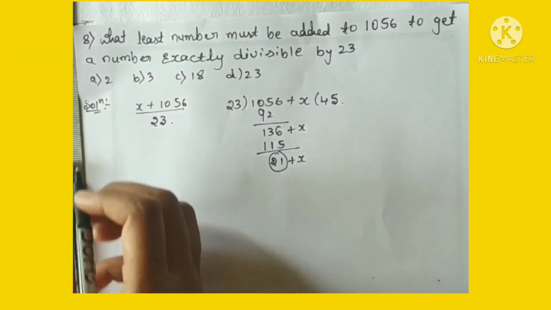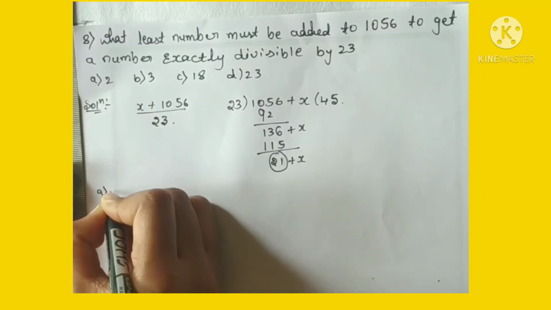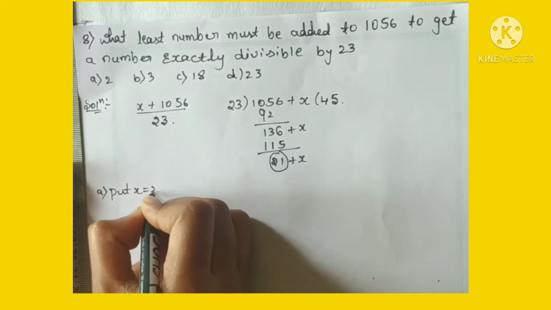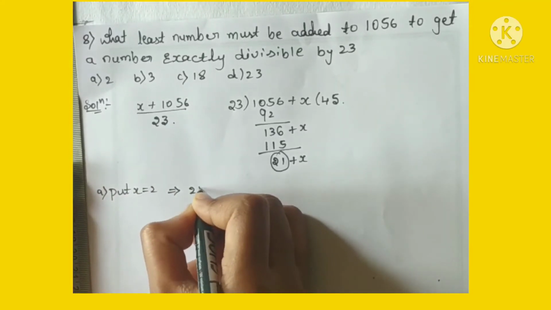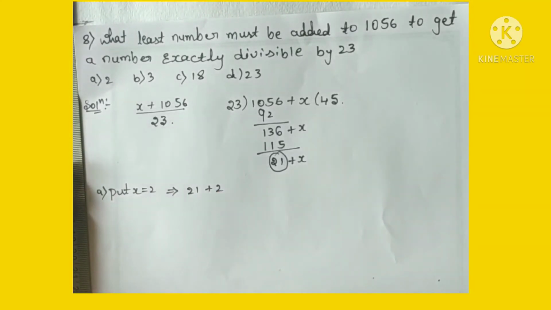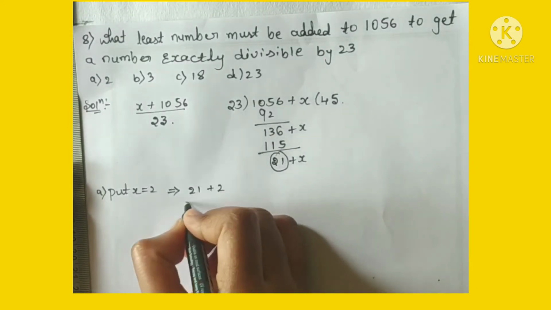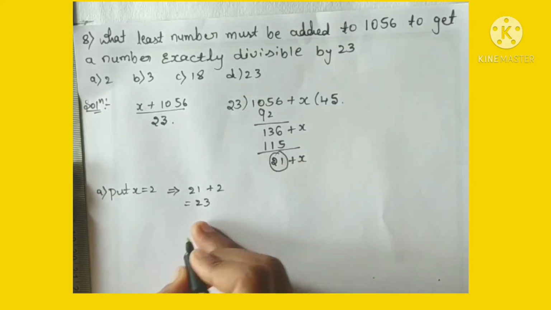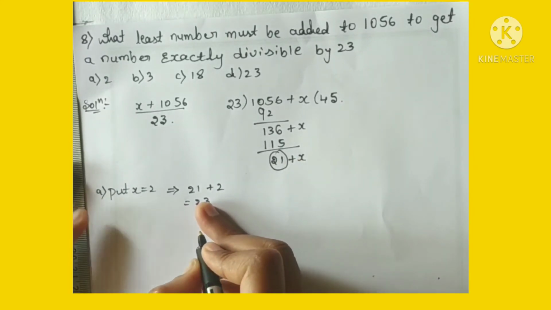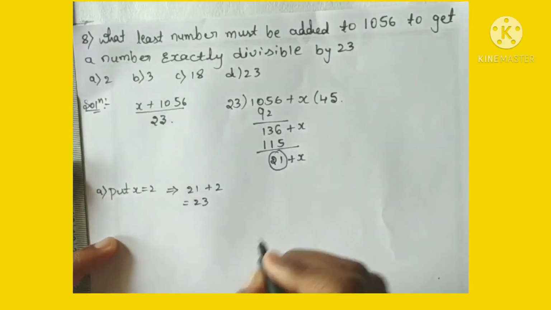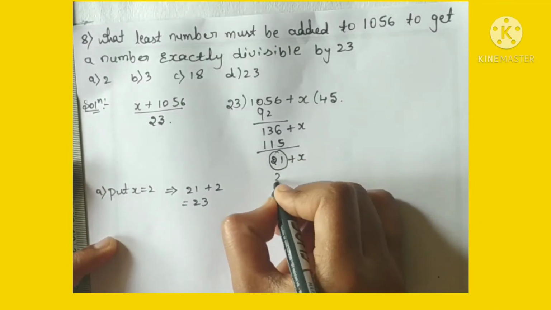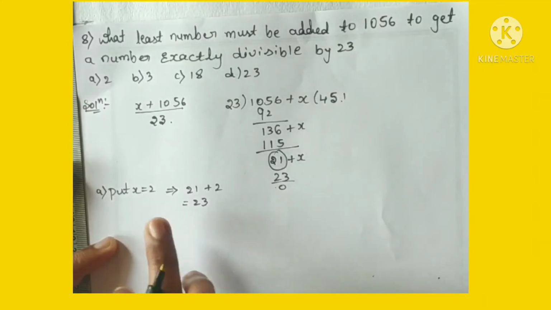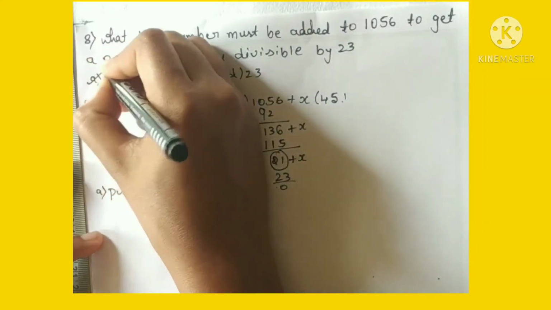Now I consider option A, that is 2. Put x equal to 2. This implies 21 plus 2, which is equal to 23. This 23 is completely divisible by 23. 23 ones are 23, so the remainder is 0. So option A is the correct answer.